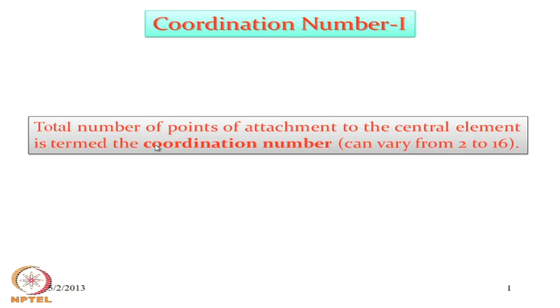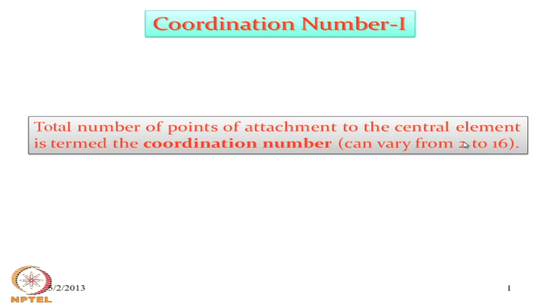Similarly, the total number of oxygen atoms attached to the manganese center in permanganate anion is also known as the corresponding coordination number of manganese center in permanganate anion, and it can vary from a small number of 2, and sometimes it has also been observed in recent times as a coordination number of 1, which is very unusual.